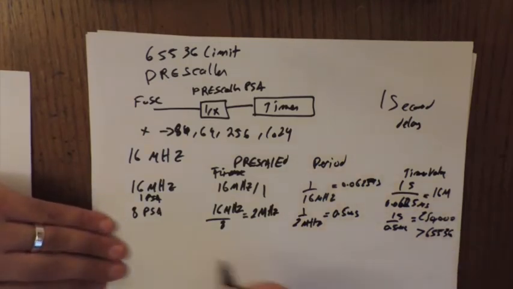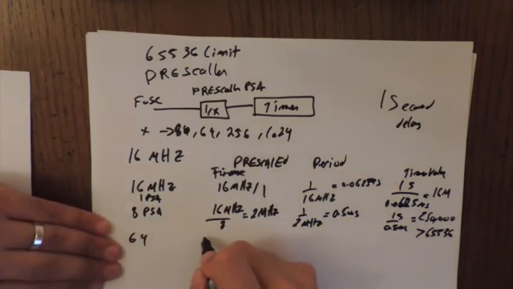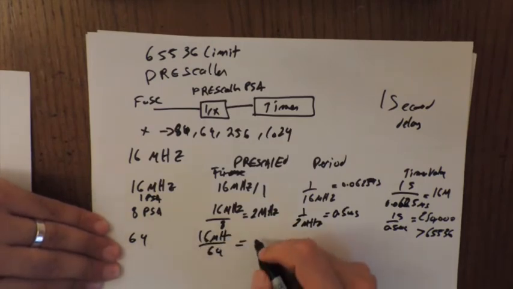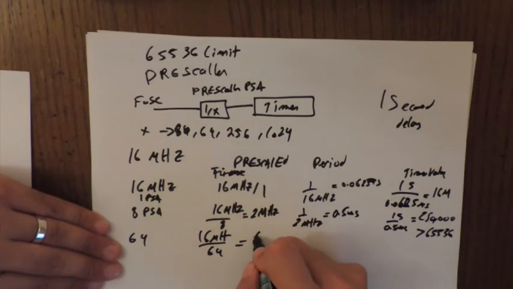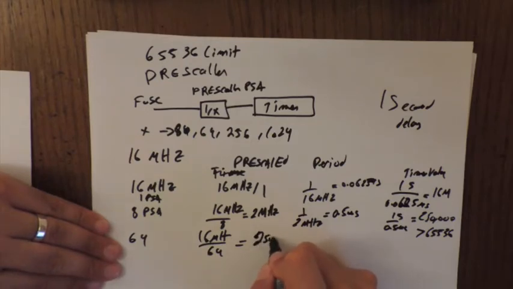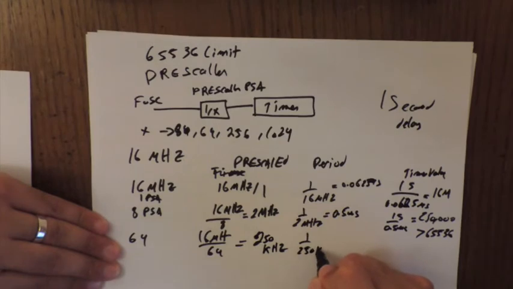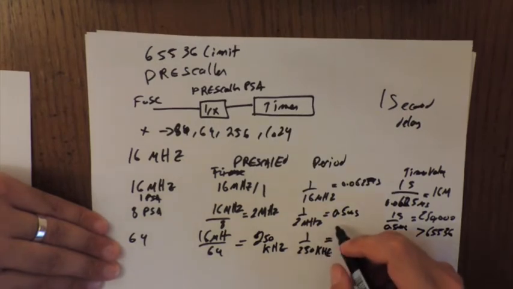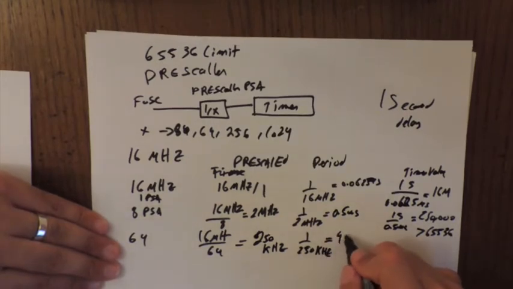So now I try the 64. 16 megahertz over 64 is equal to 250 kilohertz. So 1 over 250 kilohertz to find the period will be 4 microseconds.